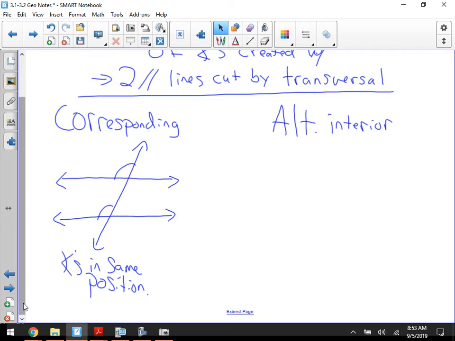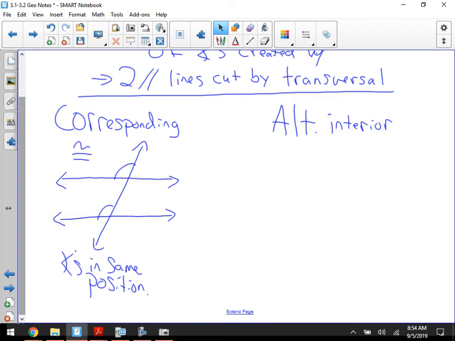Those angles will always be congruent when two parallel lines are cut by a transversal. Remember, congruent means same measure. So when you have corresponding, if I'm looking at this picture here, what corresponds to angle 2?